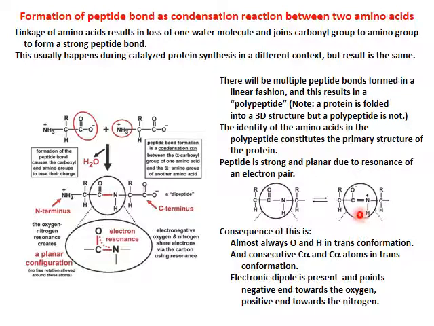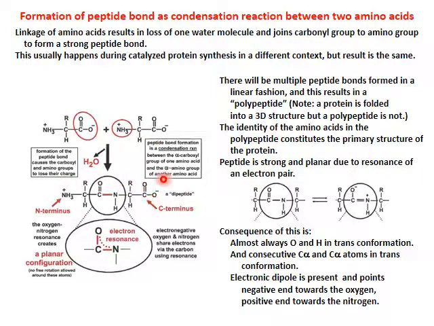So there is an ability to have a dipole along these peptide bonds as well, which is very important when we're considering how these larger polymers of amino acids fold together to form protein structures. So there's a lot involved in just this one little simple condensation reaction to form this amide bond, this peptide bond between two amino acids.